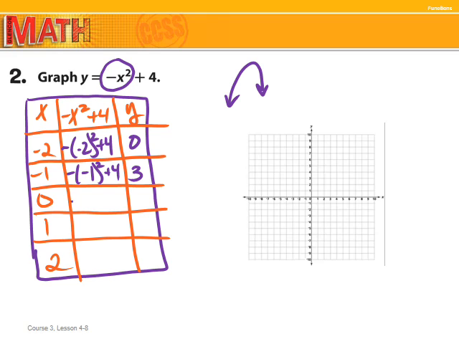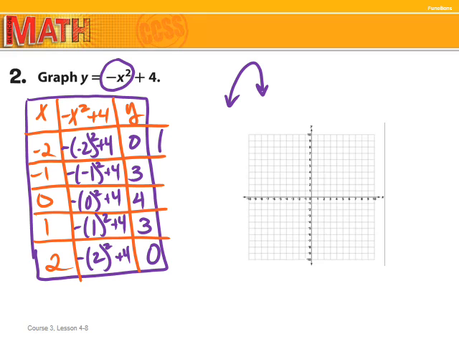Then 0 squared plus 4. 0 squared is 0, so negative 0 plus 4 is 4. Then 1 squared plus 4. Again, 1 squared is 1, it becomes negative, negative 1 plus 4 is 3. And last but not least, 2 squared plus 4. 2 squared is 4, or negative 4 plus 4, which is 0.